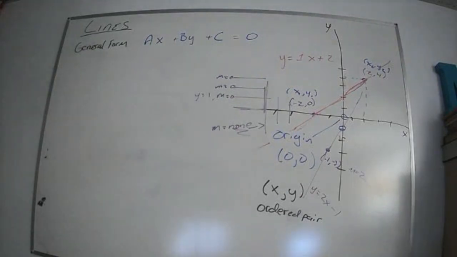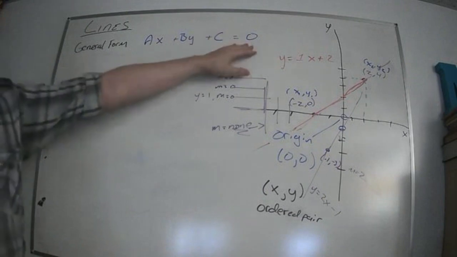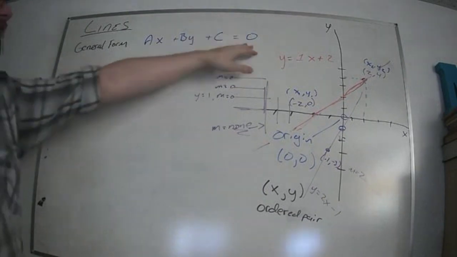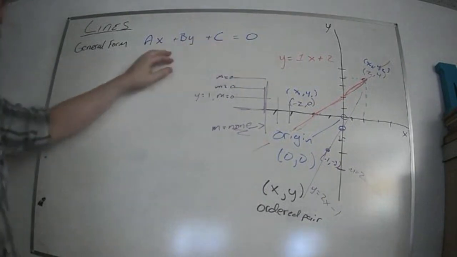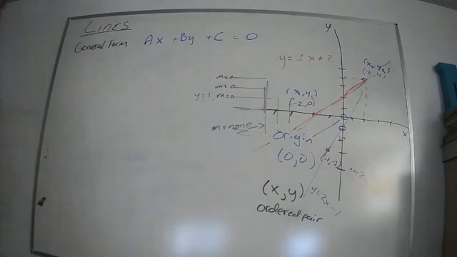Now what this means, where a and b are coefficients in front of x and y, and c is a constant. So we say equals 0 because we could also put c over there. So we can say ax plus by equals, in this case, c or minus c, because it's a constant. It doesn't matter how we write it, plus or minus.